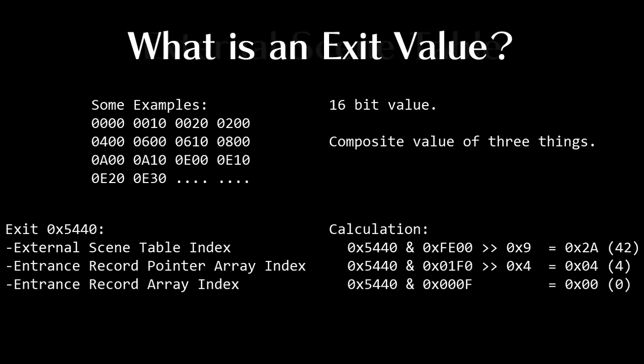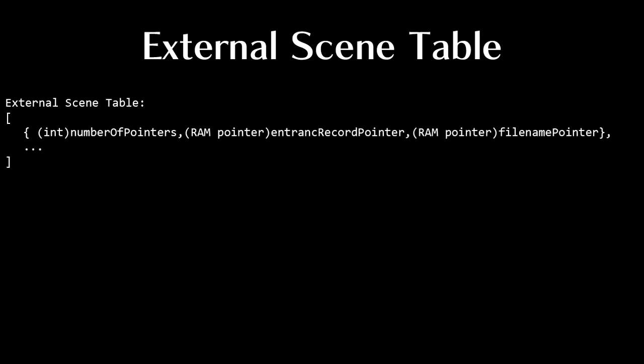So now that we know what indexes the exit value will look up, we need to take a look at these arrays of the external scene table. Each element in the external scene table is made up of 3 values: the number of pointers in the entrance record pointer array, a pointer to the entrance record pointer array, and a pointer to the file name. The file name isn't too important here, so we're not going to care too much about that.